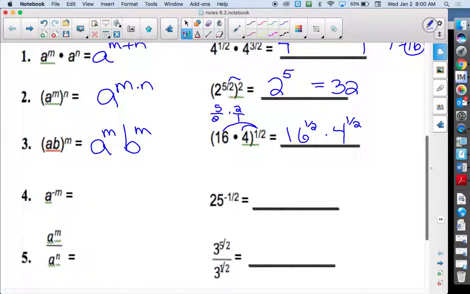So what happens if you have 16 to the 1/2 as an exponent? Odette? Just square root it. Yeah, that's really just the square root of 16 and the square root of 4. So a 1/2 exponent is the square root. Remember, that denominator is what makes the radical part, that square root part. So Odette, the square root of 16 is, and the square root of 4 is, so that gives us 8.